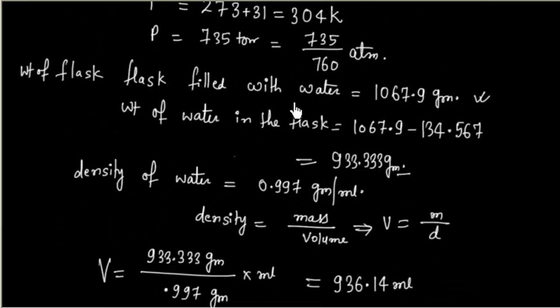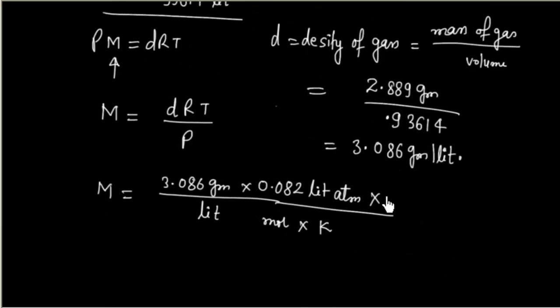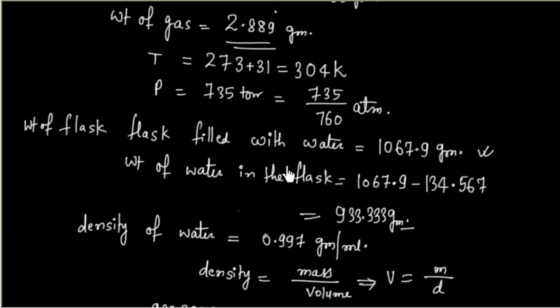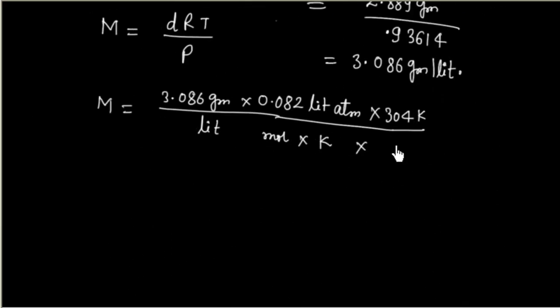Temperature we have is 304 Kelvin, divided by pressure, 735 by 760 in atmospheric pressure. So atmospheric pressure cancels, liter cancels, Kelvin also cancels.